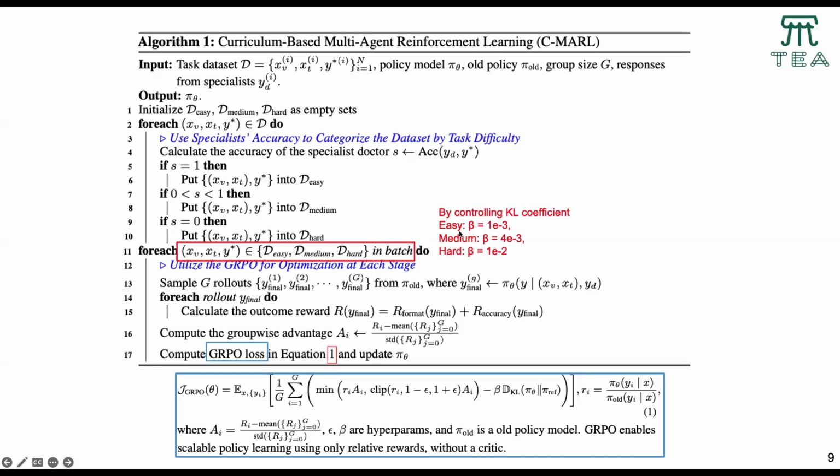When going from easy to hard, the KL divergence coefficient increased from this number to this number. And they use the same loss as the original GRPO paper. Since I assume all of the students are familiar with GRPO, I will omit the details of the loss function here.